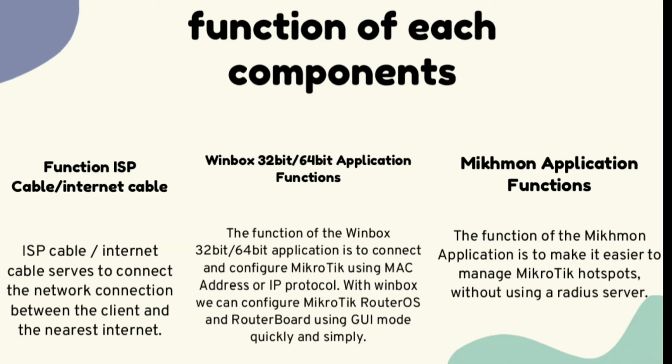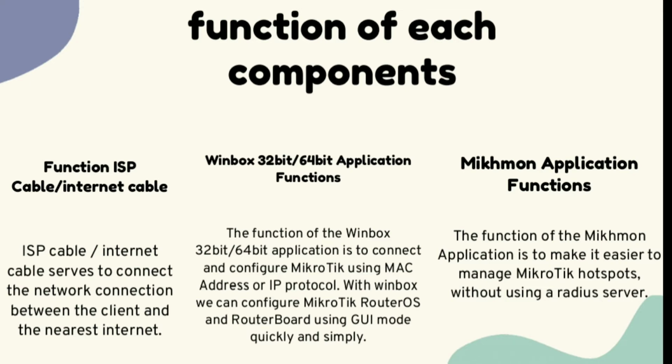Okay, the next slide is the same, about the function of each component. Function of ISP cable or internet cable. The ISP cable serves to connect the network connection between the client and the nearest internet. Winbox 32-bit or 64-bit application function.